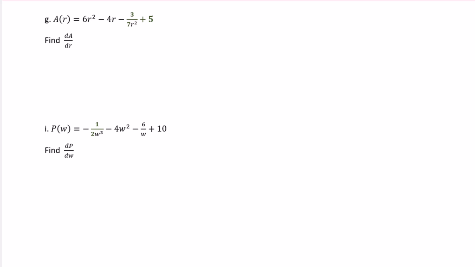Let's go to G. We are looking for dA dr. dA dr equals d dr of 6r squared minus 4r minus, coefficient is 3 over 7, r to the negative second power plus 5.